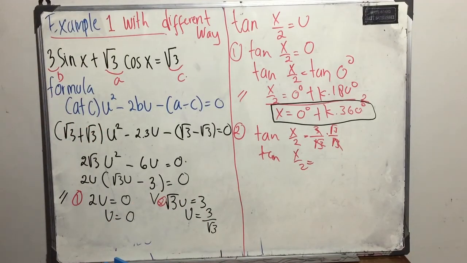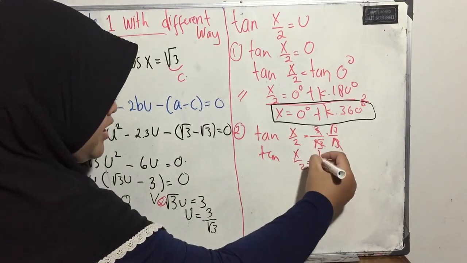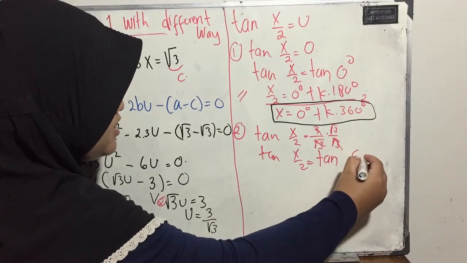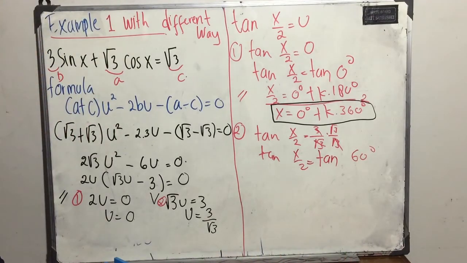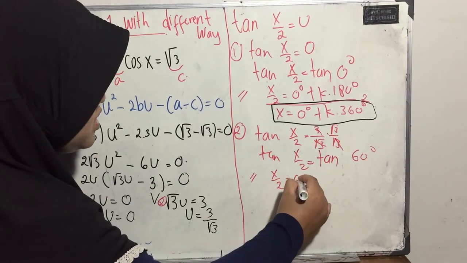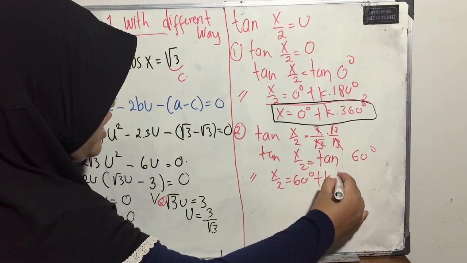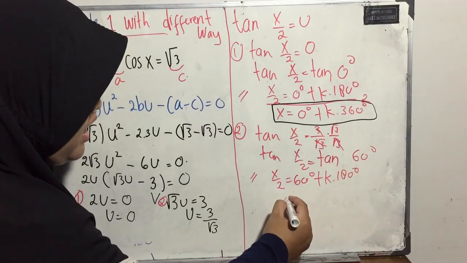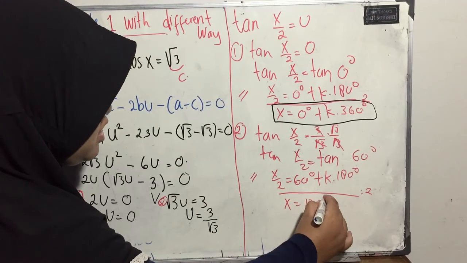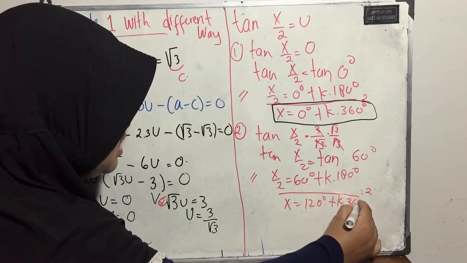Square root of 3 is tangent of what angle, everyone? 60 degrees. Right, correct. From here x over 2 equals 60 degrees plus k 180 degrees, and then we multiply both sides by 2, so x equals 120 degrees plus k 360 degrees.